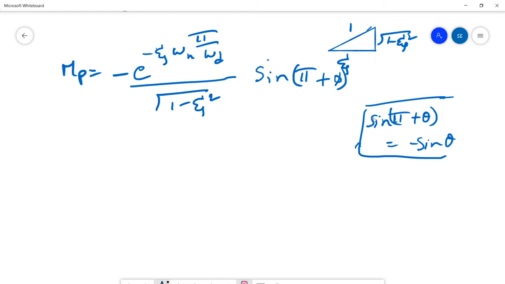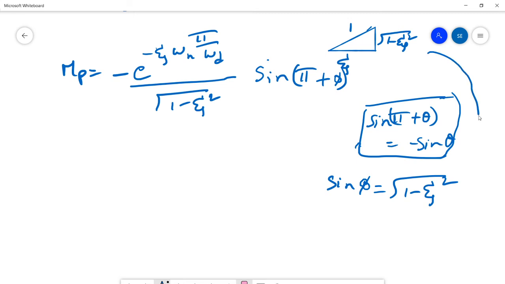So just substitute sin pi plus phi is equal to minus sin phi. Just remember this. Also, sin phi is equal to root of 1 minus zeta square, from right angle triangle.